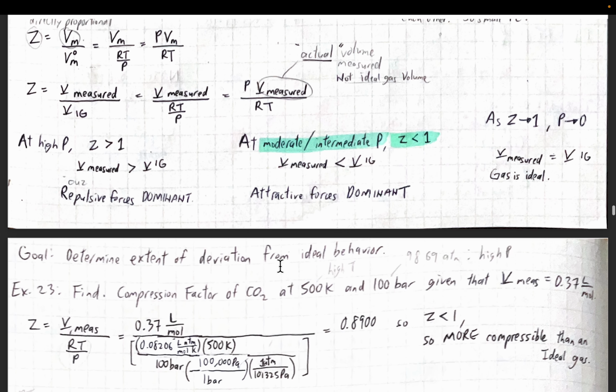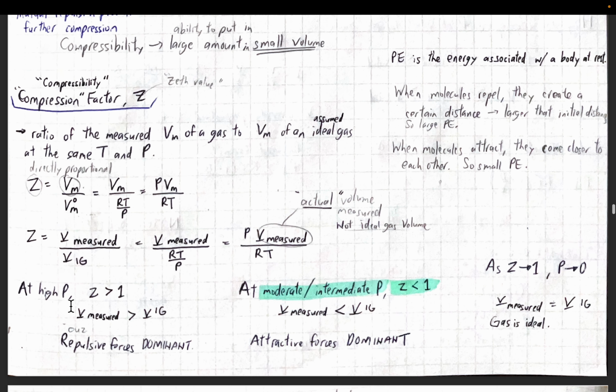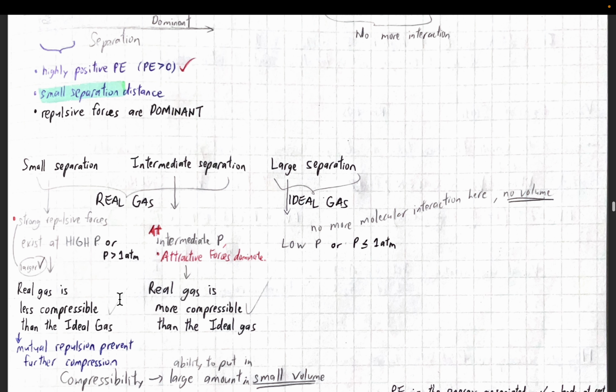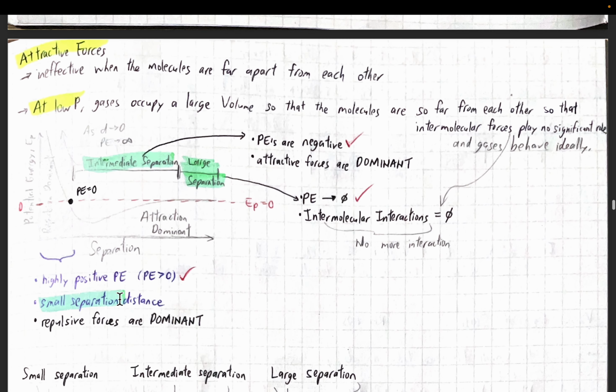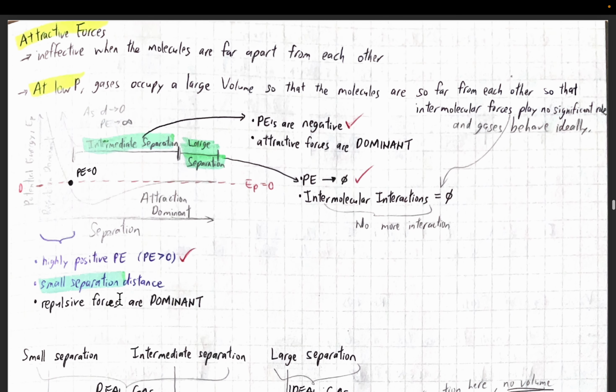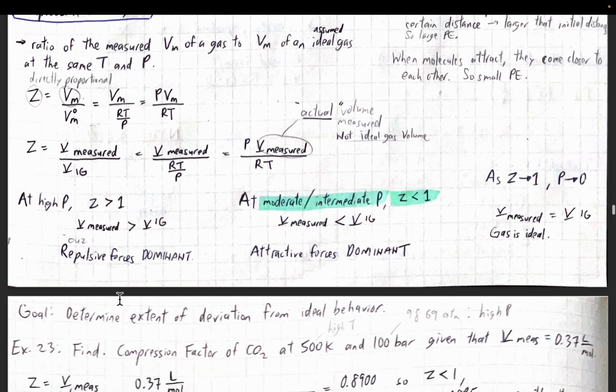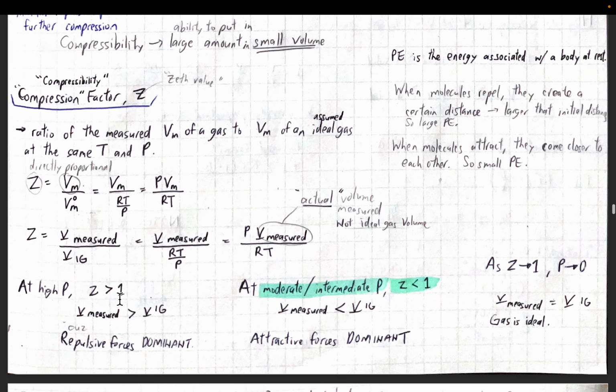So at high pressure, again, repulsive forces are dominant, no? So in this case, the compression factor is greater than 1. I don't think it's shown in the graph, but compressibility factor is greater than 1 for dominant repulsive forces. For dominant attractive forces, the compressibility factor is less than 1.